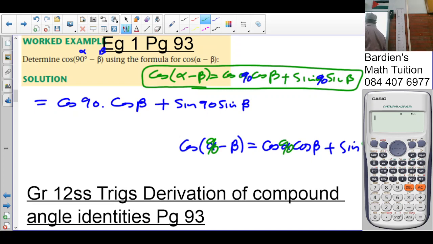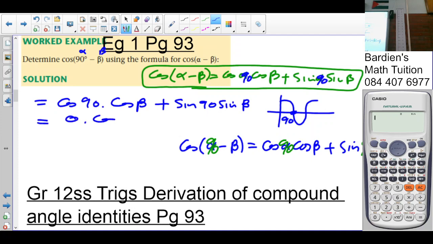So remember, for the cos of 90, we take that to the cos graph, we spoke about that. Cos of 90, of course, is 0, times cos of beta plus sine of 90, we take that to the sine graph, is of course 1 times sine of beta.